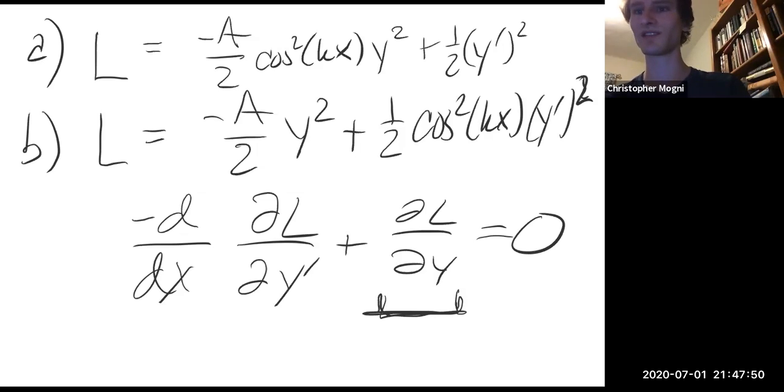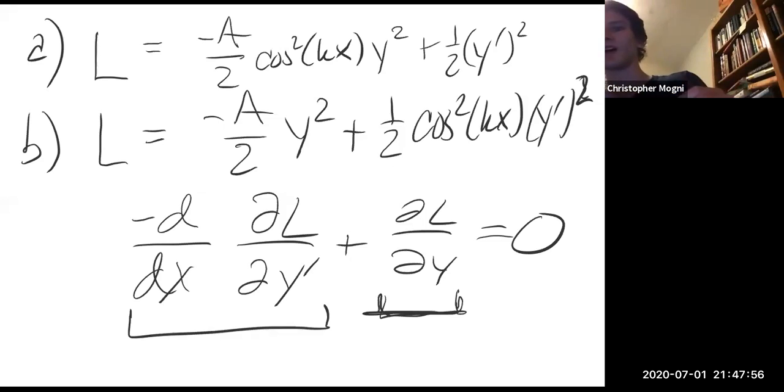If in this integrand L, the x is showing up in front of y primes, we're taking the partial derivative of the integrand with respect to y prime. That means that the x dependence ends up looking different than if it showed up in front of y's. So let's do example A first, and I'll show you exactly what that means.